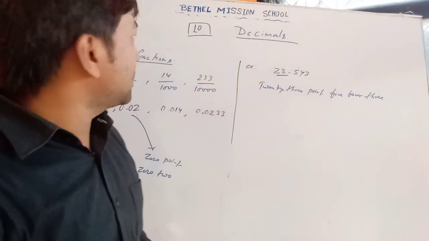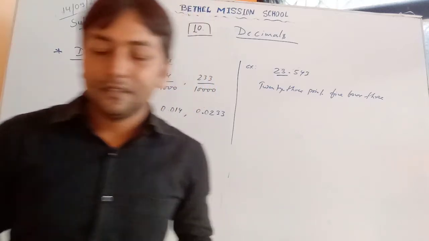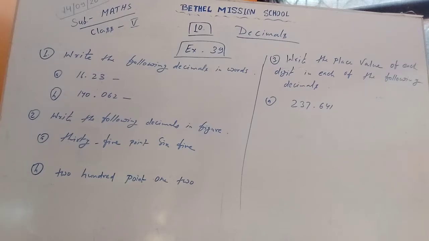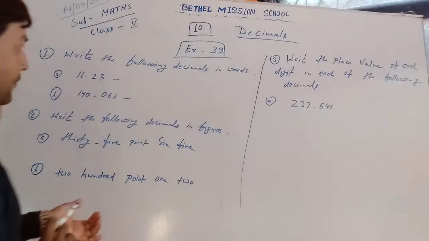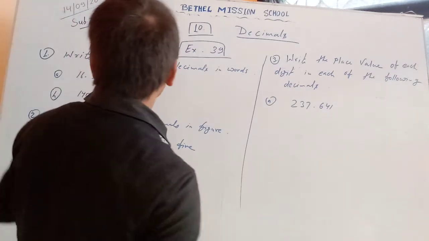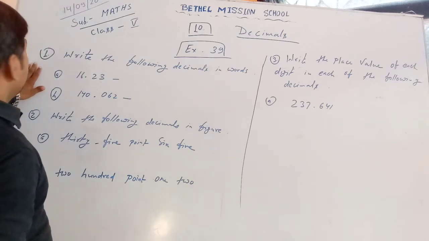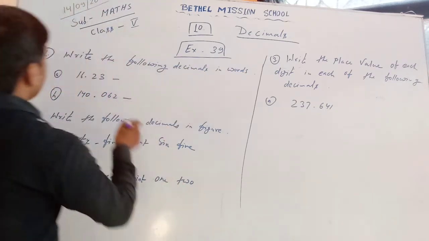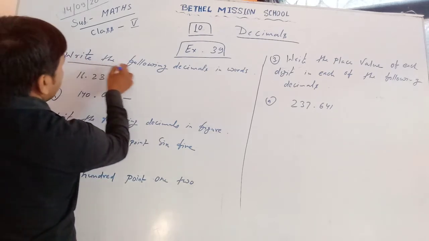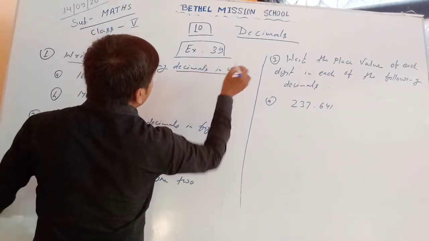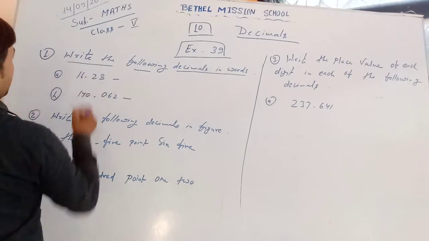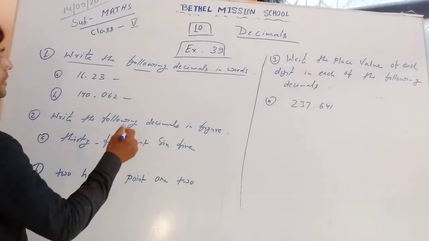Now I solve the exercise. I am going to solve exercise 39. First question: write the following decimals in words. The number is given in figures and you have to write it in words.